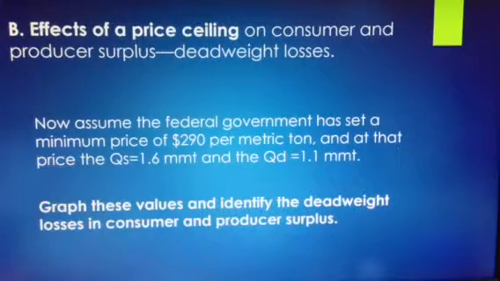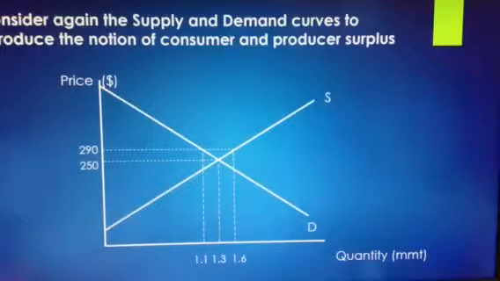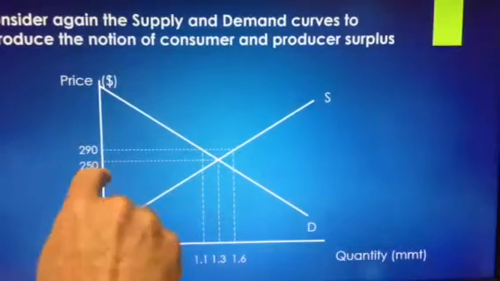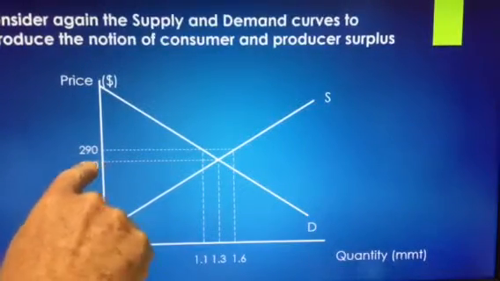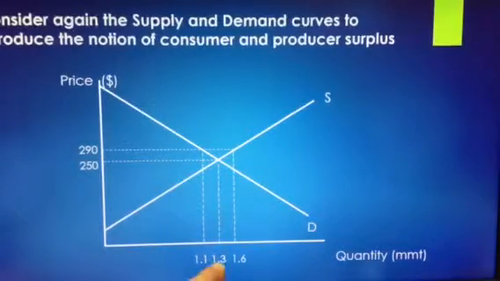We want to graph these values and see the result. Let's identify the very first position: there's $250, the market clearing price, and 1.3 million metric tons, the equilibrium quantity.